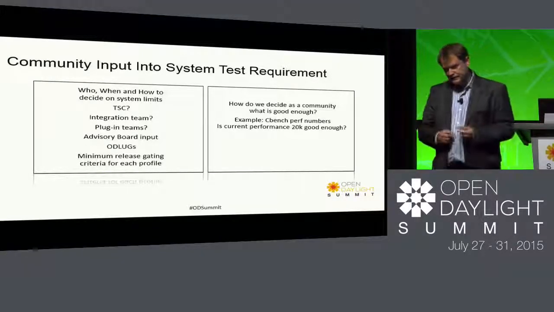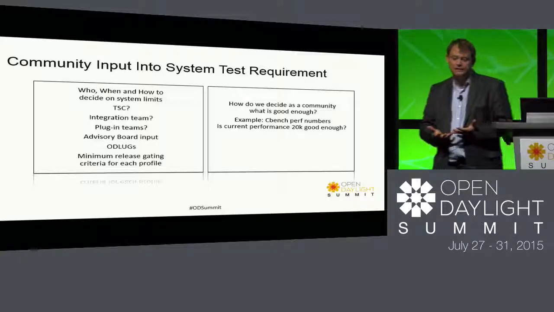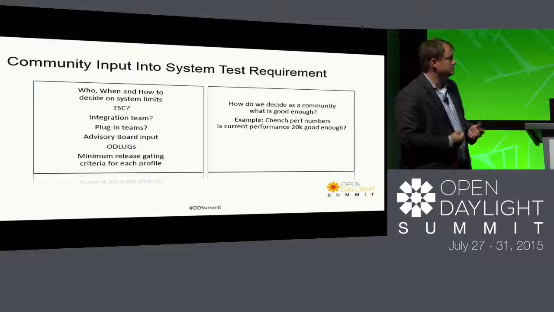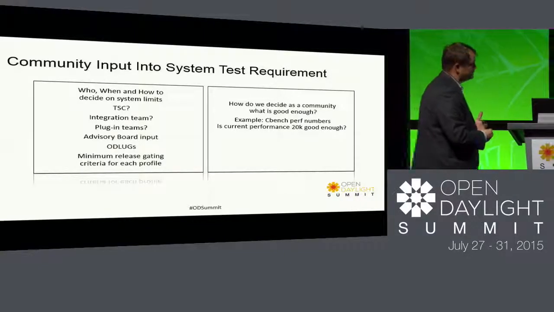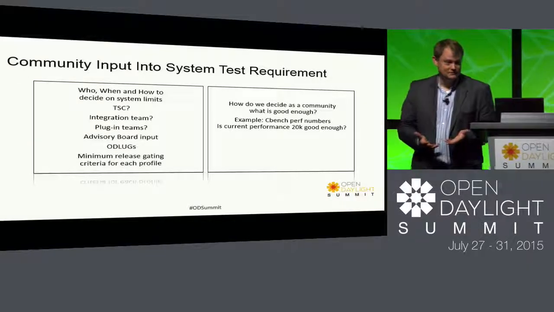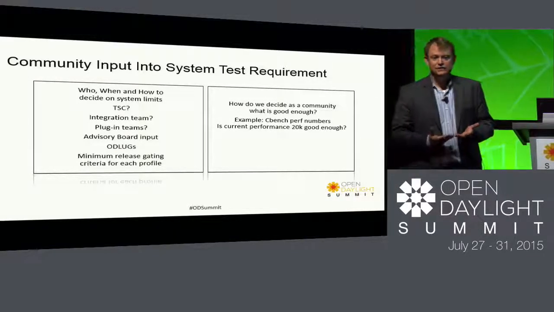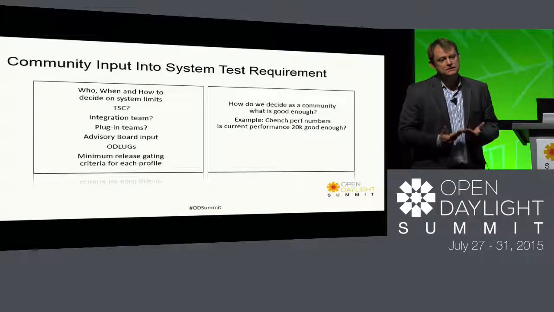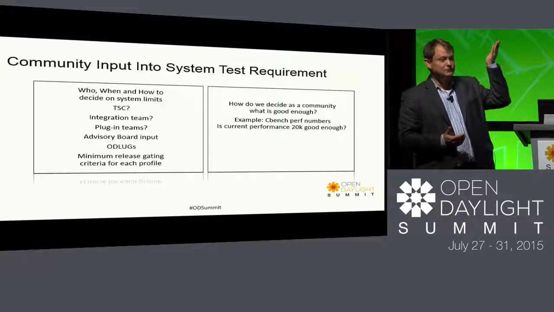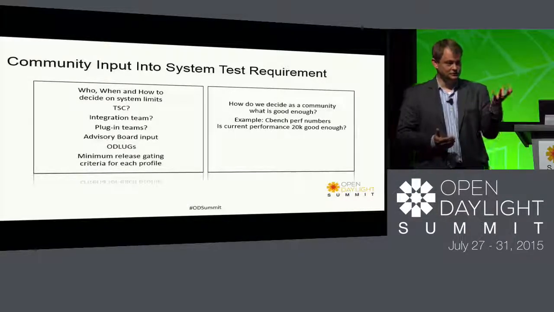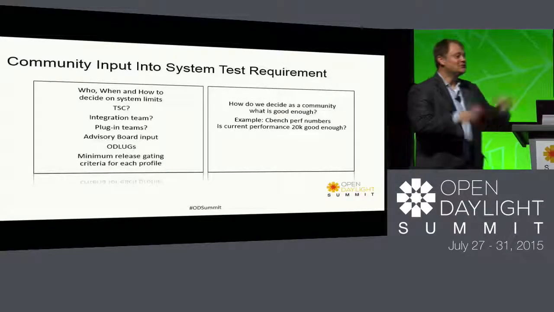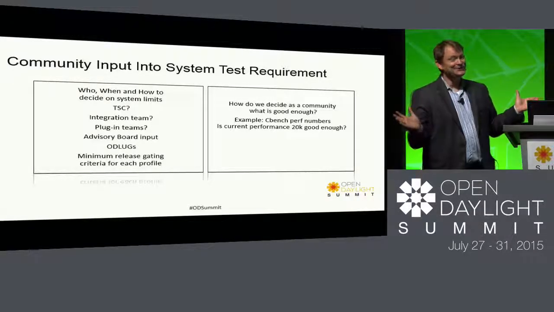And then there are some more pragmatic questions, having gone through this with OpenStack or some other open projects: who, when, and how do you decide on system limits? We can test individual scaling factors to very high scale, but if we're really trying to test to an operational limit, is that something we should have a survey on within the integration test team?